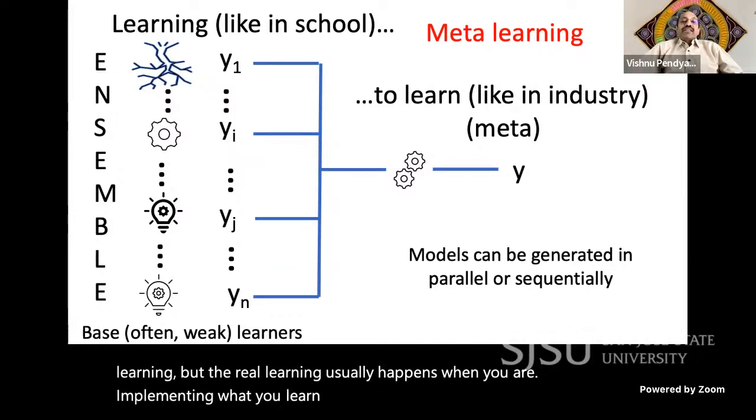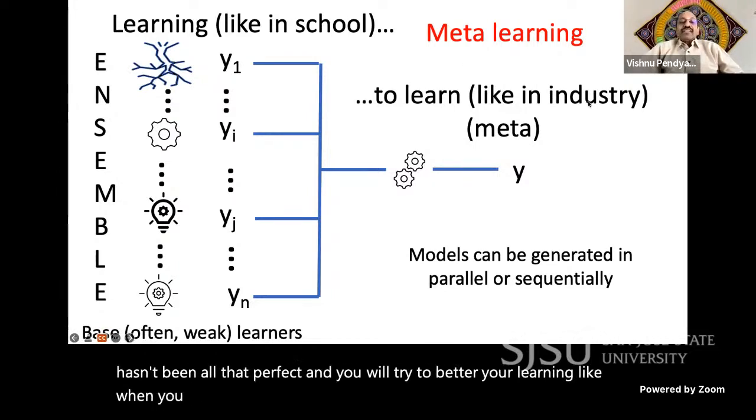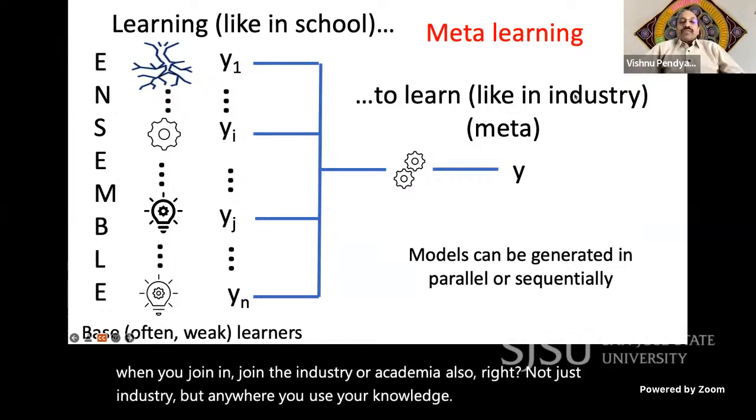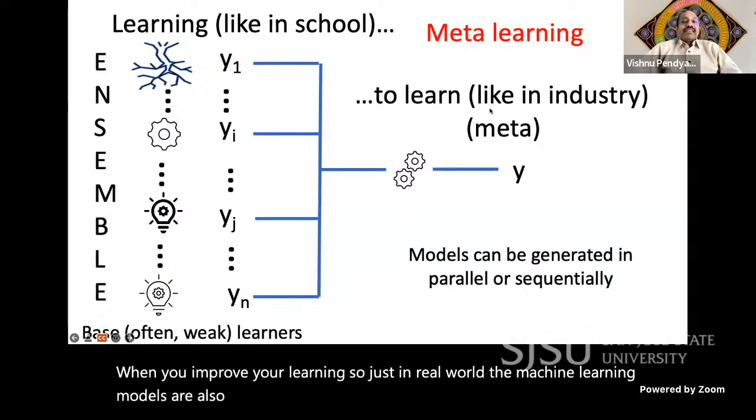You will discover that your learning hasn't been all that perfect, and you'll try to better your learning, like when you join the industry, right? Or academia also, not just industry, but anywhere you use your knowledge is when you improve your learning. So just like in the real world, the machine learning models are also learning to learn.